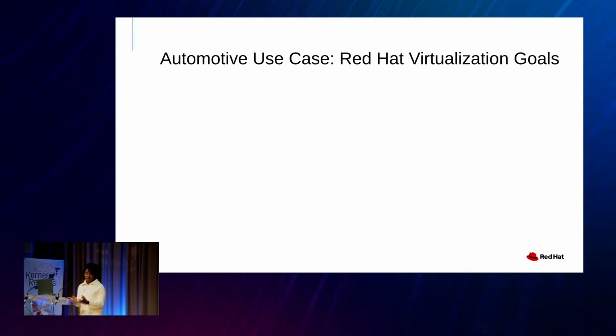For the automotive use case, Red Hat's primary goal in the automotive sector, I would say, is to enable Android and other automotive operating systems to run concurrently on vehicles using a shared virtualization layer. By leveraging the virtual GPU, these guest VMs can share the host GPU without needing hardware-specific drivers.